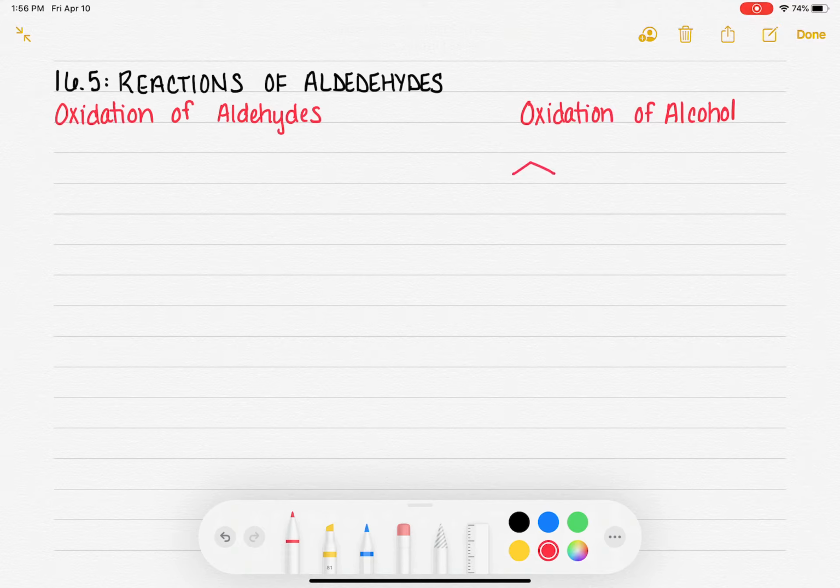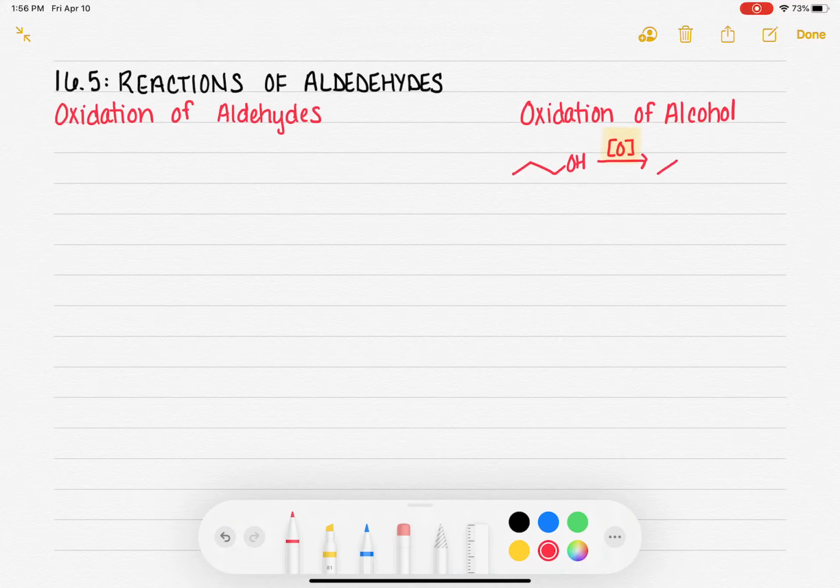We looked at a couple different types of oxidations of alcohols. When we were doing these reactions, remember we were just using the capital O in square brackets as a way of indicating the oxidation process. So we weren't necessarily giving the formulas of the reagents that are necessary. We're just using that O in square brackets.